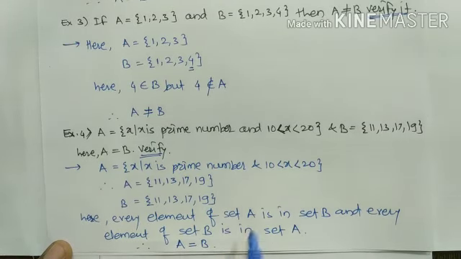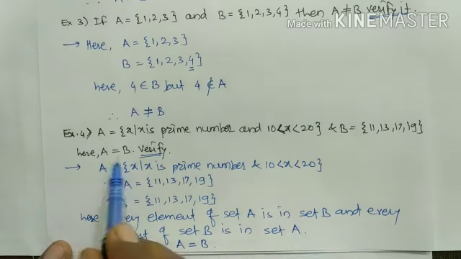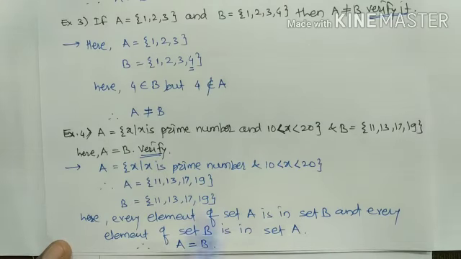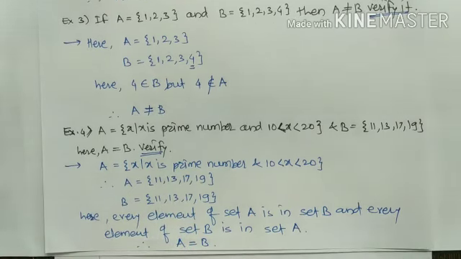It is the verification of this A equals to B. या ठिकाणी A equals to B का आहेत किंवा A and B are equal sets? Why? Because every element of set A is in set B and every element of set B are the elements of set A. That's why set A and B are the equal sets. या ठिकाणी आपण याचं व्हेरिफिकेशन दिलेलं आहे.